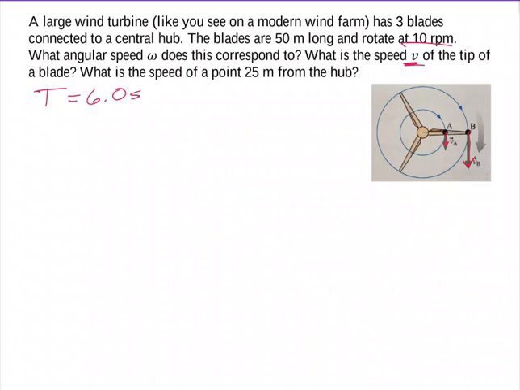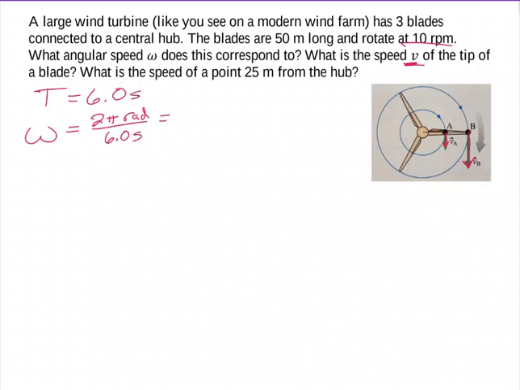Now that we know that, we can calculate the omega. Omega equals, we can use the formula with the period in it, 2 pi radians over the period, which is 6.0 seconds.